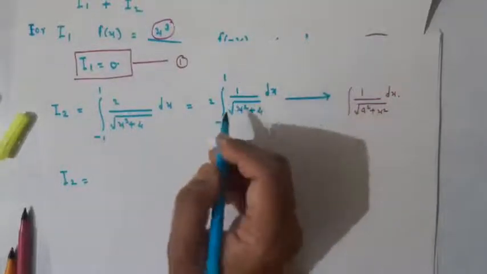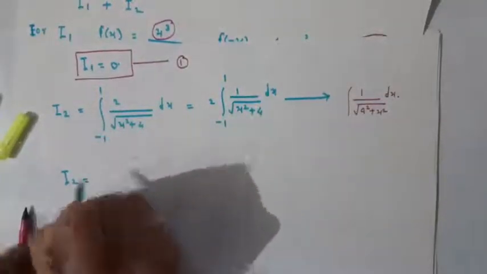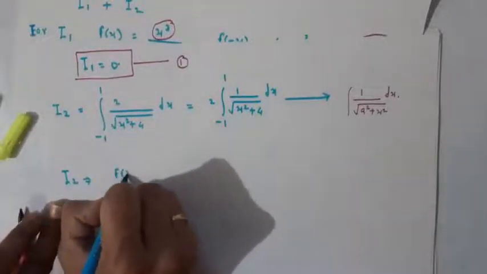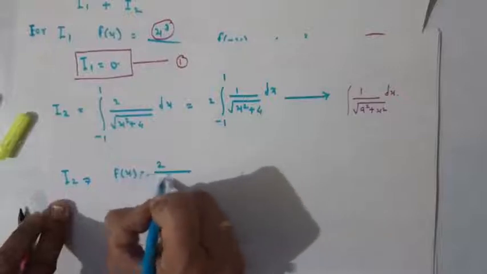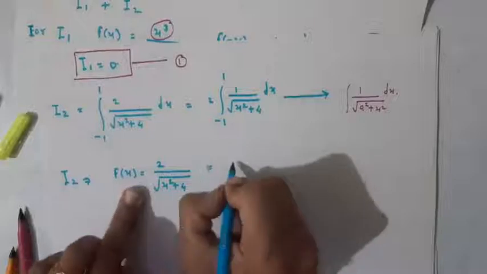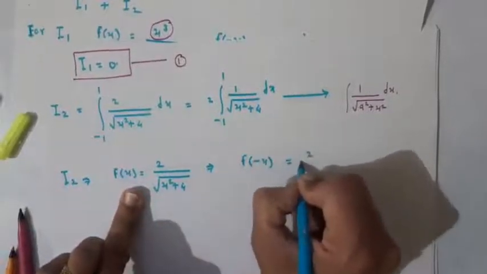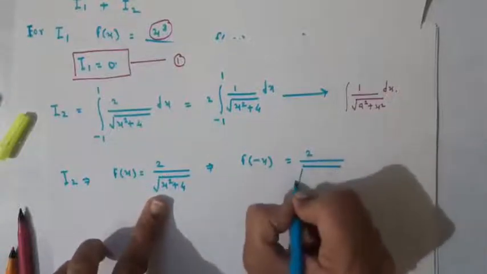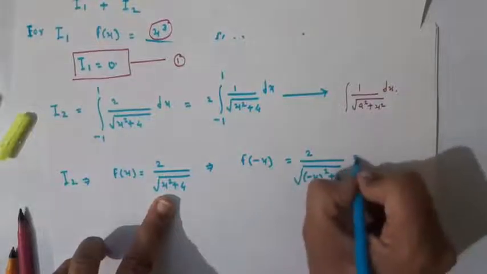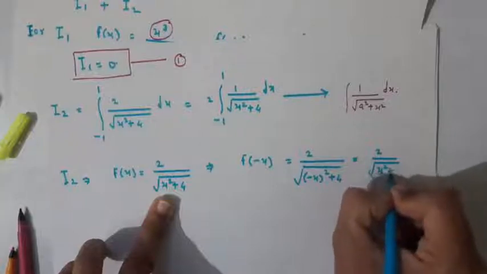Okay, students, so for I2 here, f of x equals 2 upon square root of x square plus 4. And now f of minus x equals 2 upon square root of, where there is x, put minus x, minus x square plus 4, and this is 2 upon square root of x square plus 4.